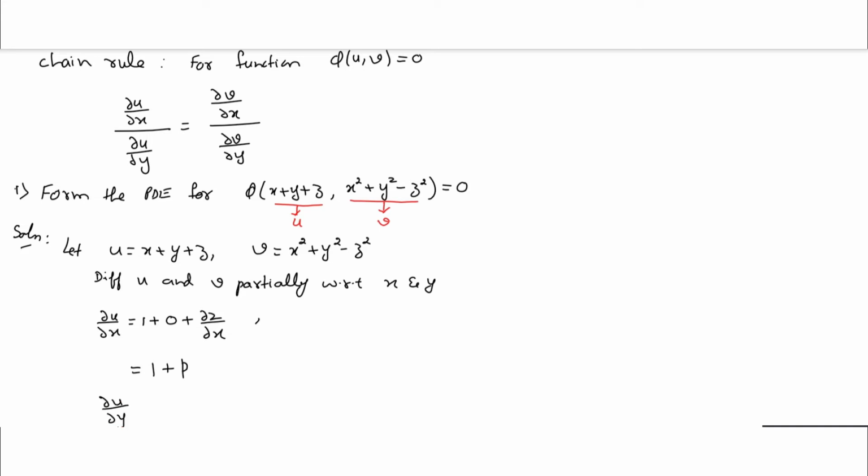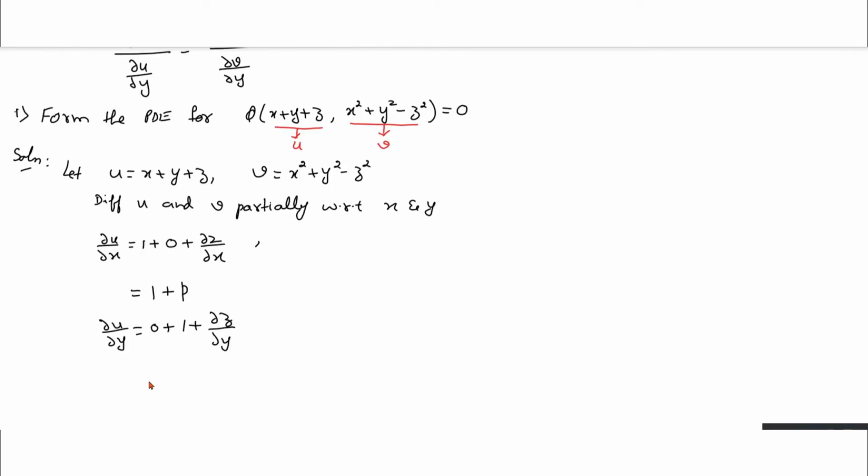When differentiating u with respect to y, x will be constant, its derivative will be 0, plus differentiation of y with respect to y will be 1, plus differentiation of z will be dou z by dou y. So this can be written as 1 plus q, since dou z by dou y is nothing but q.